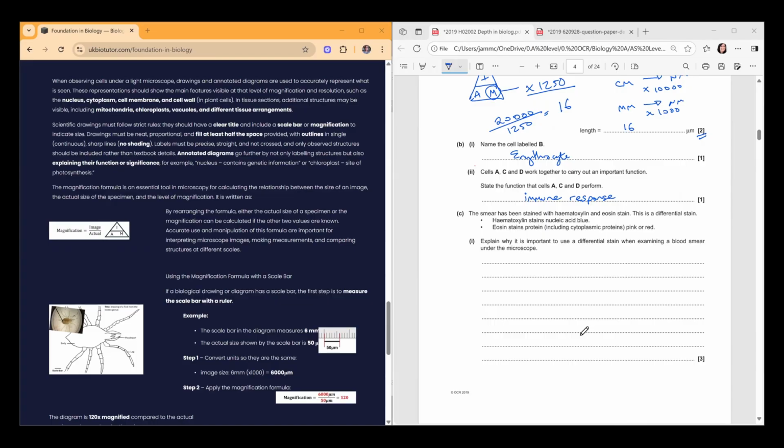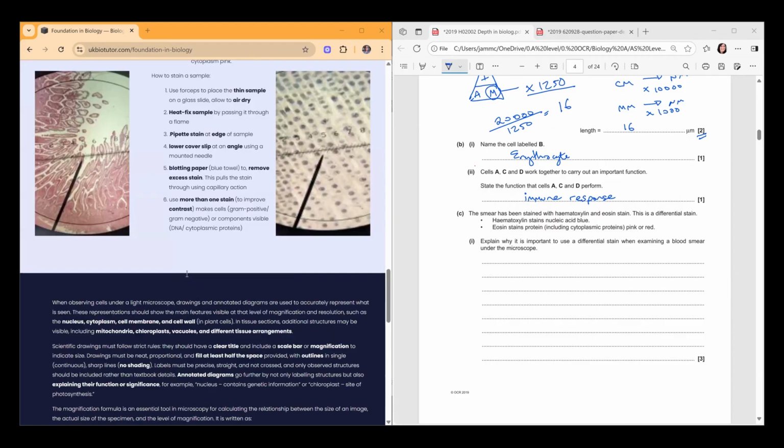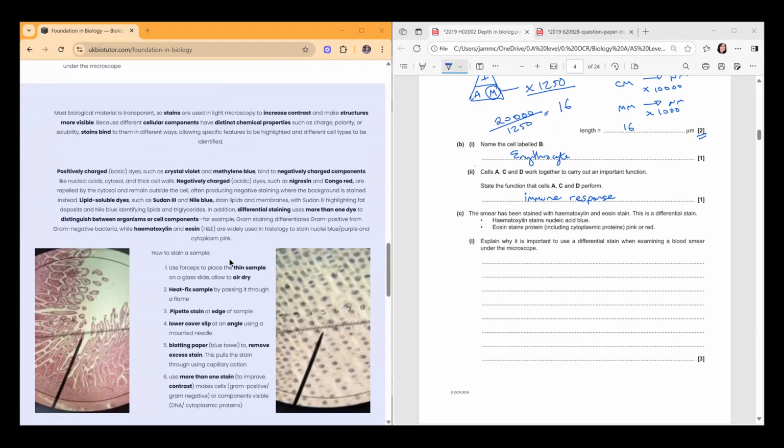So the smear has been stained with haematoxylin and eosin. So this is talking about stains. So let's just have a look at our section on stains here. So we use stains to increase contrast and to make these structures more visible. And there are different types of stains that we need to use depending on what it is that we want to actually visualize.